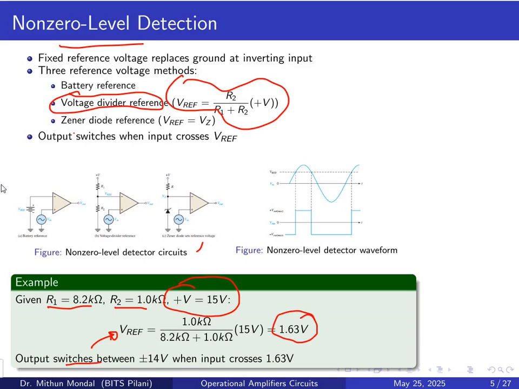It means the output switches between plus and minus 14 volt when the input crosses 1.63 volt. This reference voltage is what we need for the output to switch between plus 14 volt and minus 14 volt.